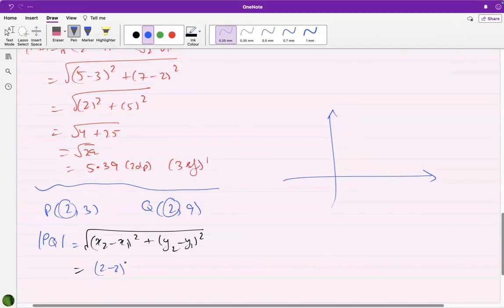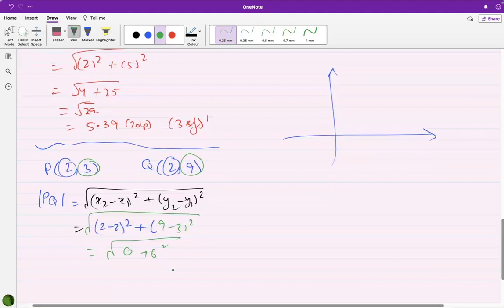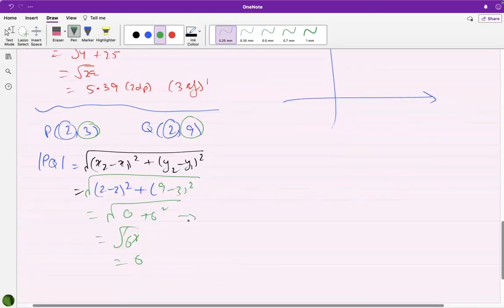So 2 minus 2 whole squared plus second y is 9 and this is 3. 9 minus 3 whole squared. Now this is 0 plus 6 squared. If I just write square root of 6 squared, I can get rid of that and that is 6. Even if you choose to solve it, square root of 36, you again end at 6.